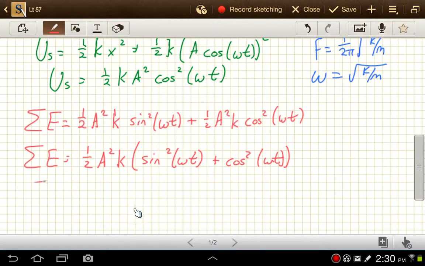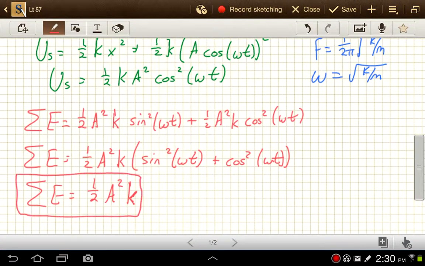So our total energy in the system is going to be 1/2 a squared times k. And this does not depend on time. It doesn't change over time. So from this we can see that the only thing that influences the total amount of energy in this system is going to be the amplitude of that system and the spring constant for that system.